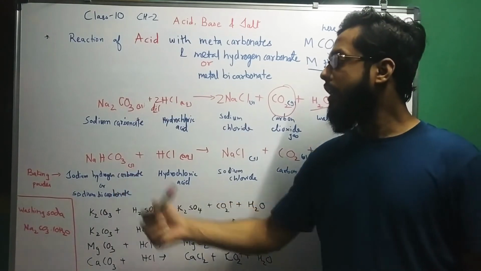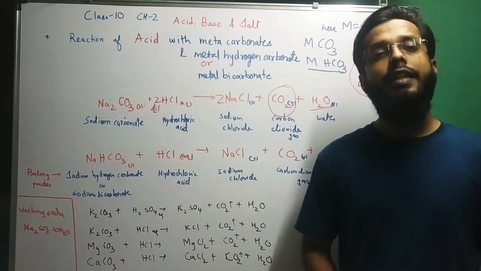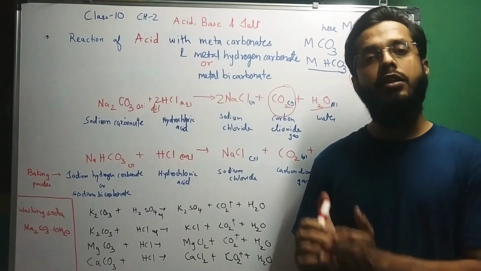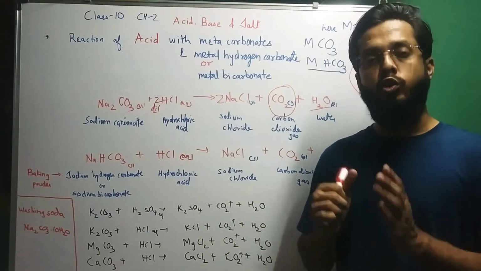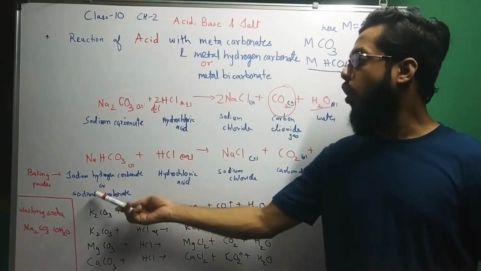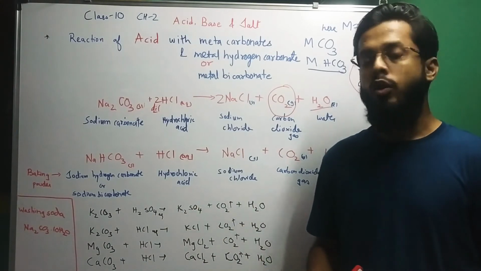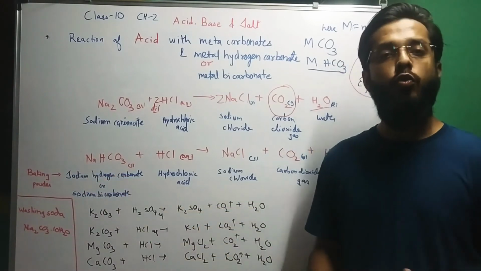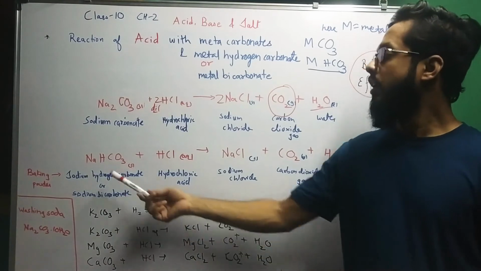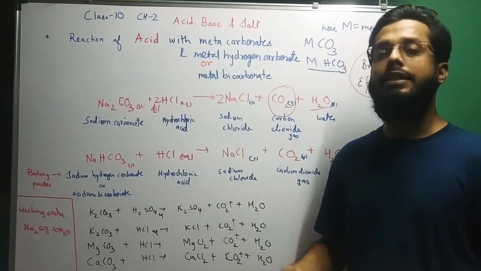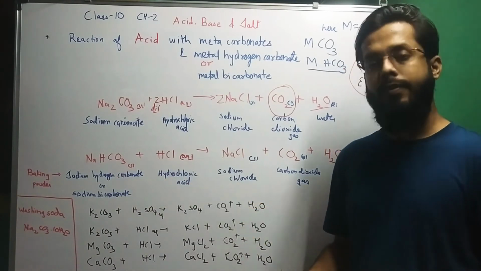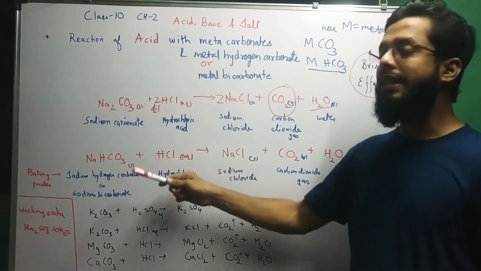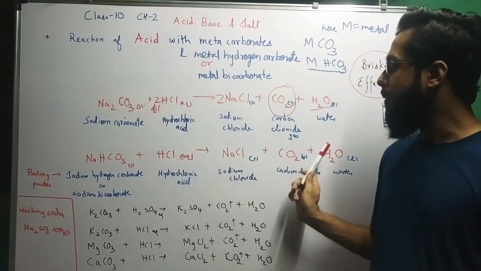Now let's talk about NaHCO3, that is sodium hydrogen carbonate. Sodium hydrogen carbonate is also called sodium bicarbonate, which is actually the baking soda which we use in our kitchen. Sodium bicarbonate plus HCl, hydrochloric acid: the same reaction, we get NaCl plus CO2 plus H2O.